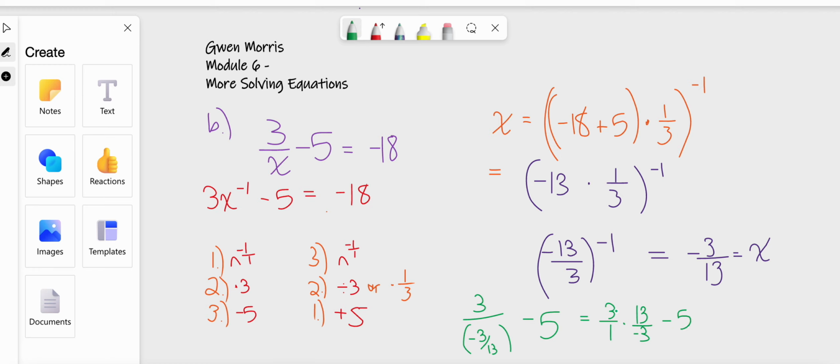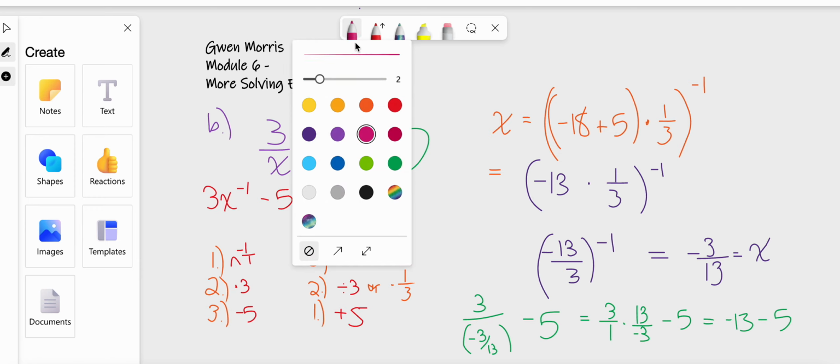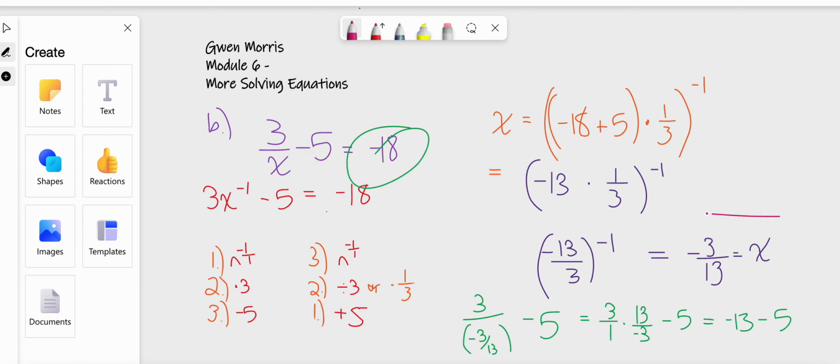I would take this 3 times negative 13 over 3, and that would equal negative 13 minus 5, which comes out to our negative 18 from the beginning here. So now I know that my answer, or my solution for x, is negative 13 over 3.